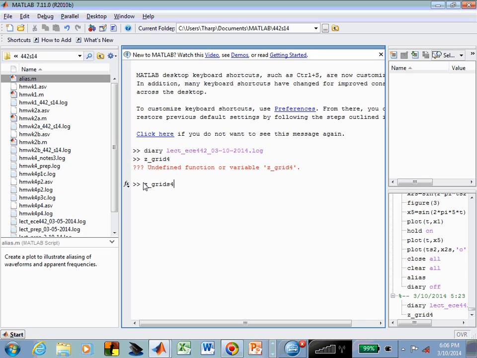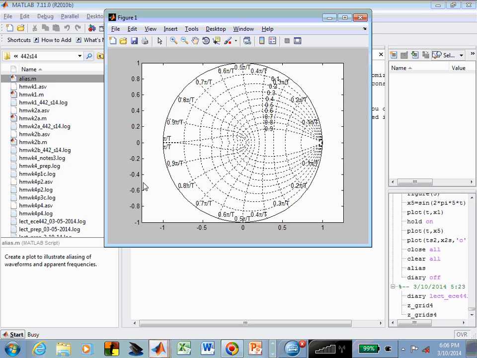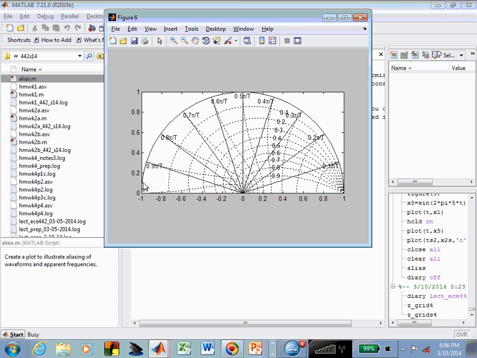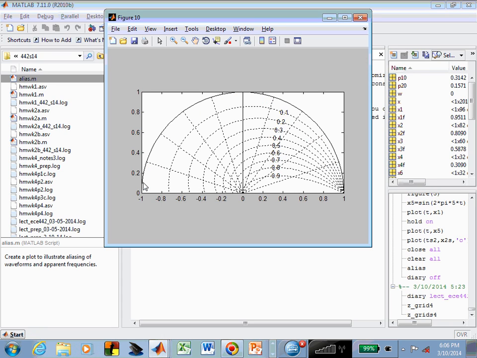I don't know why I called it grids. Well, you'll see in just a minute. Hopefully it'll execute now. Be patient. That's why I called it Z grids. I created all sorts of grids.